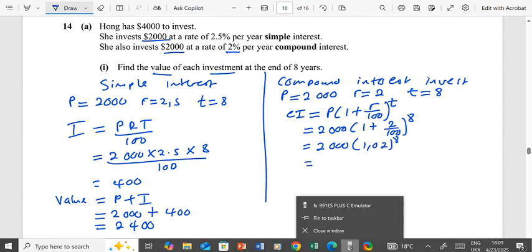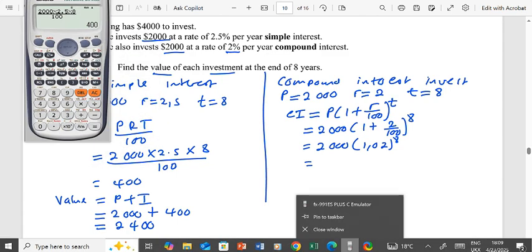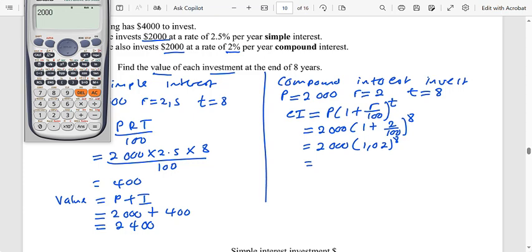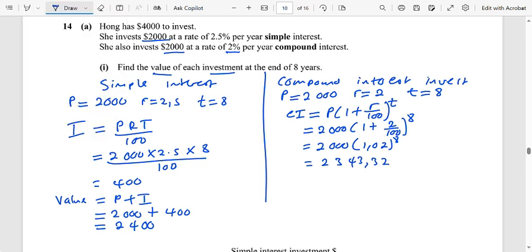So with the help of the calculator, we're going to have 2,000 open bracket 1.02 to the power 8, which gives me 2,343.32 corrected to 2 dp.